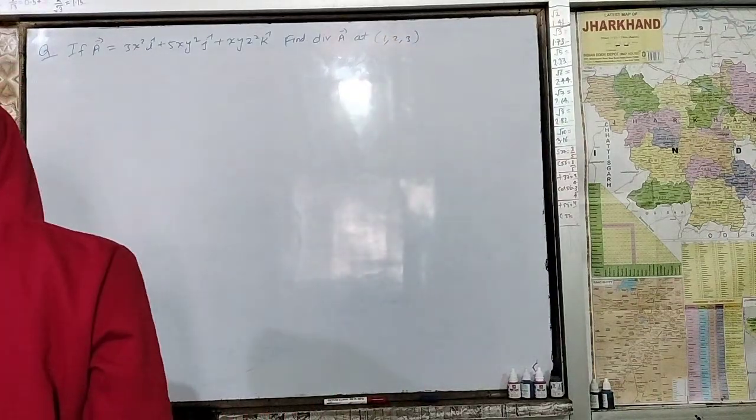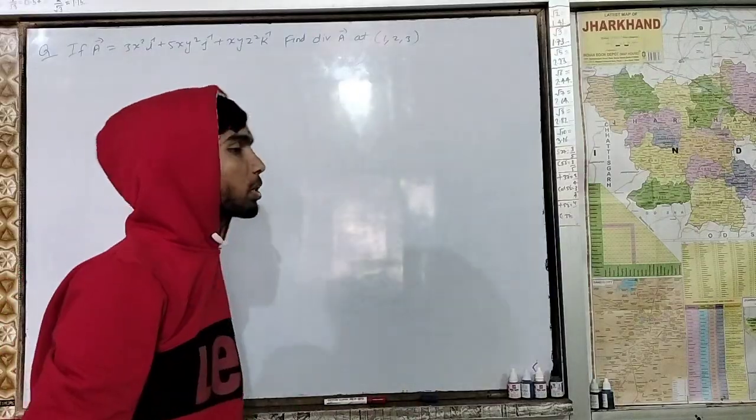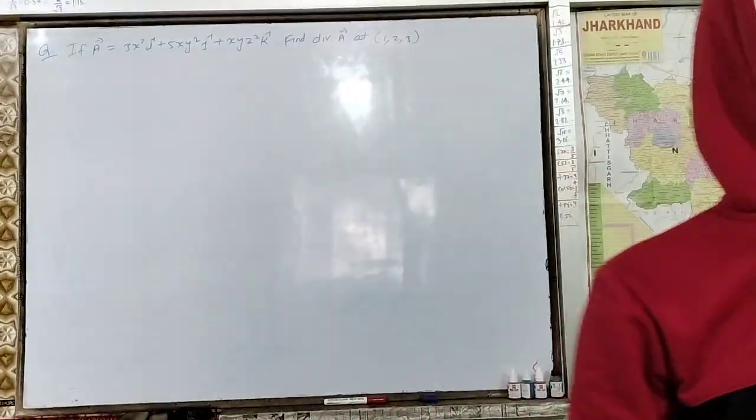These are coordinates. You know that 1 is the value of x, 2 is the value of y, 3 is the value of z.